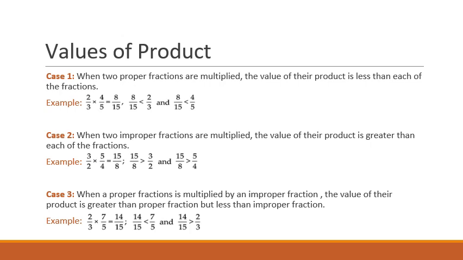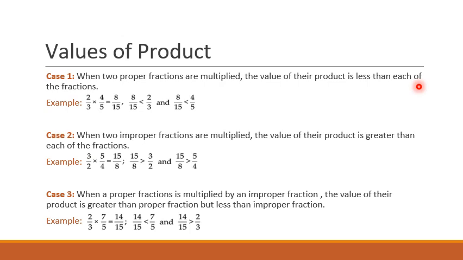Finding the values of product. Case 1. When two proper fractions are multiplied, the value of their product is always less than each of the fractions. That means if I multiply any two proper fractions, then the product is smaller than both the fractions.